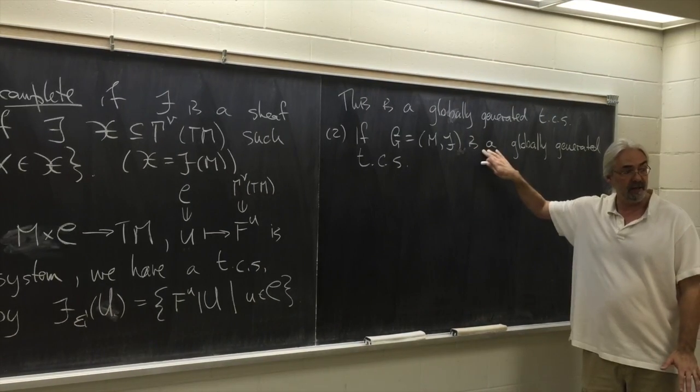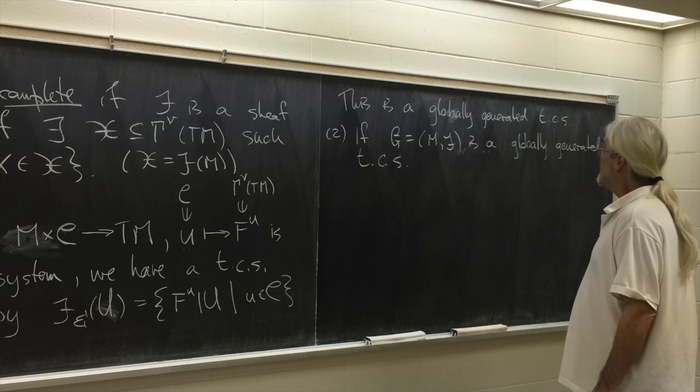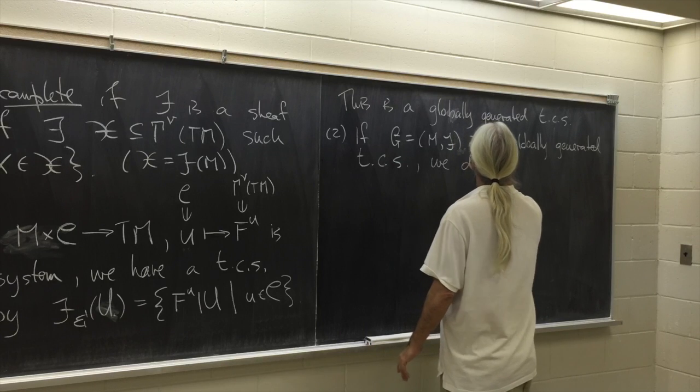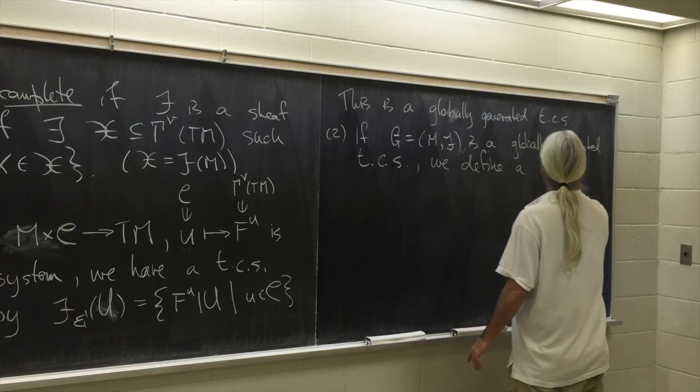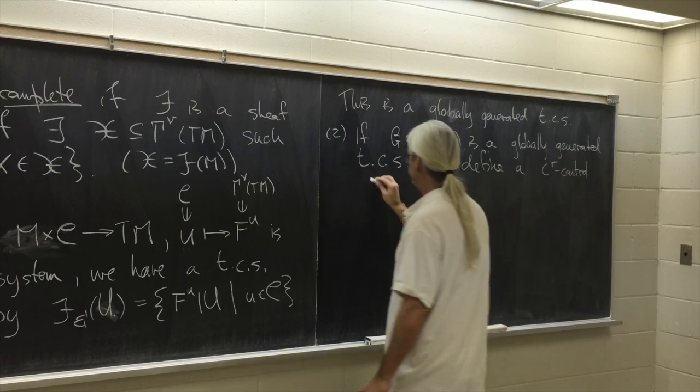Okay. So I'm going to start now with one of these that's globally generated. I'm going to define a control system. I think that's what you're asking me. So if I start with one of these, we define a C-nu control system.